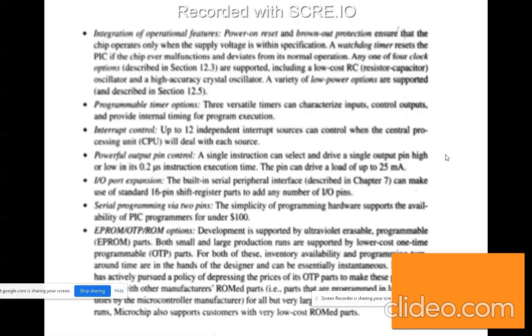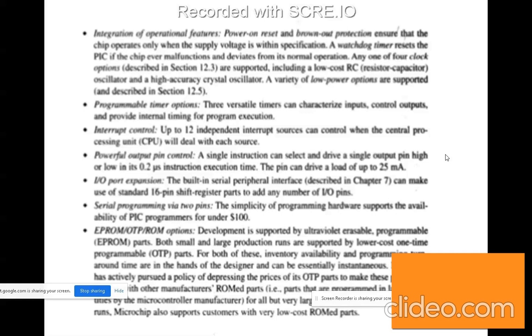Erasable programmable, what is that? Once the power is off, then the saved data will be erased in a memory device, that will be coming under EEPROM. OTP means one time programmable parts. Okay, one time means only one time you can write it.